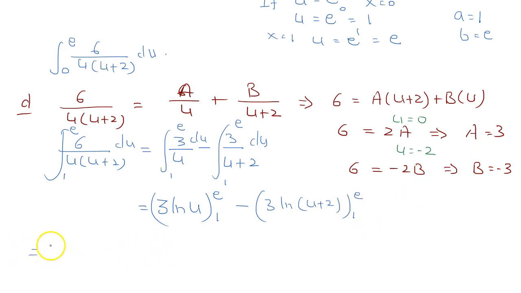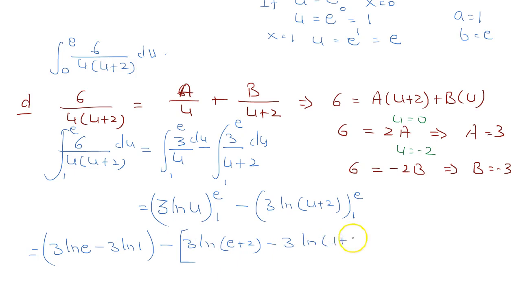So this is equal to 3 ln e minus 3 ln 1 minus 3 ln e plus 2 minus 3 ln 1 plus 2.